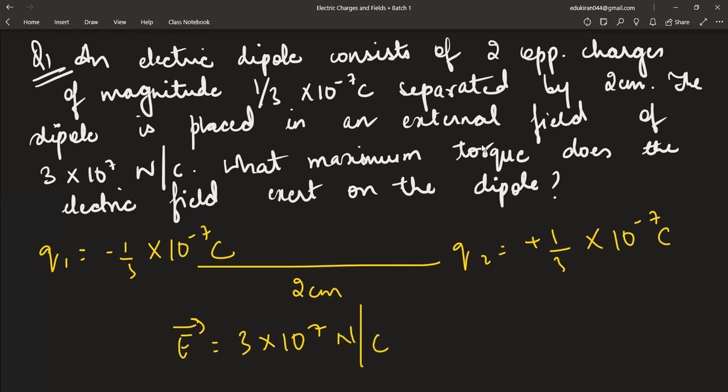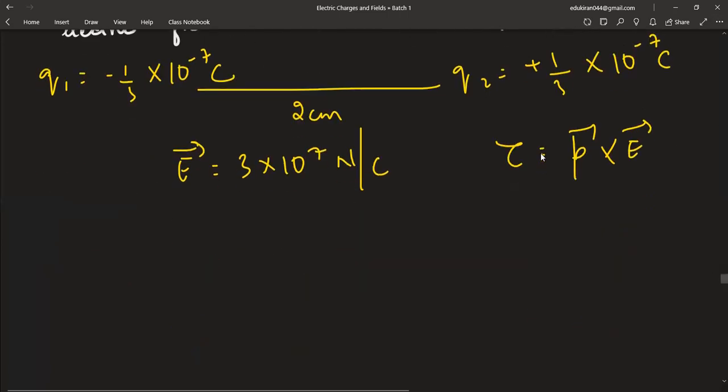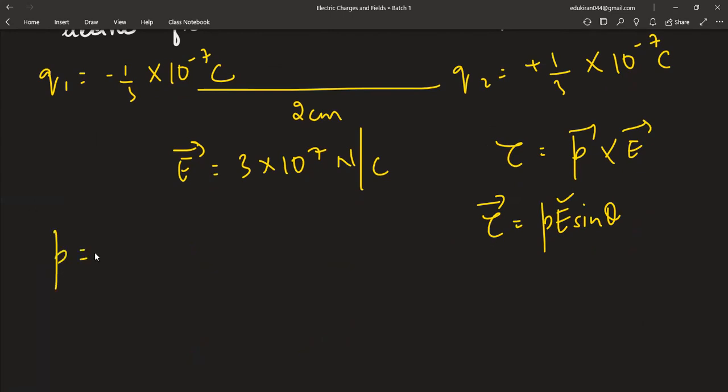Now, see class. Firstly, torque's formula is P cross E. When you have P cross E, you write this as PE sine theta, correct? For E, we know the electric field. What is P? P is the dipole moment. You have to take the magnitude of one of the charges and multiply it with the separation.